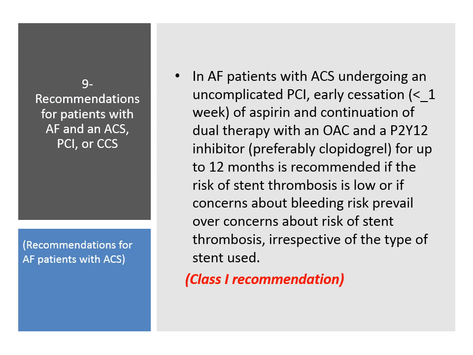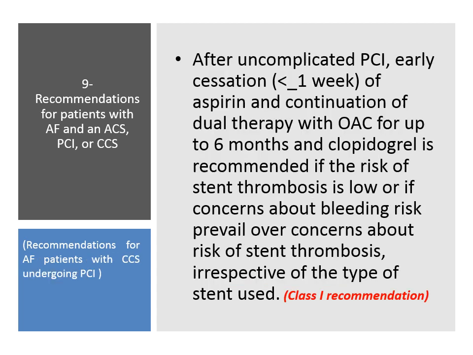In AF patients with acute coronary syndrome undergoing an uncomplicated PCI, early cessation of aspirin after 1 week and continuation of dual therapy with oral anticoagulation and P2Y12 inhibitor, preferably clopidogrel, for up to 12 months is recommended if the risk of stent thrombosis is low or concern about bleeding risk prevail over concerns about risk of stent thrombosis, irrespective of the type of the stent used.